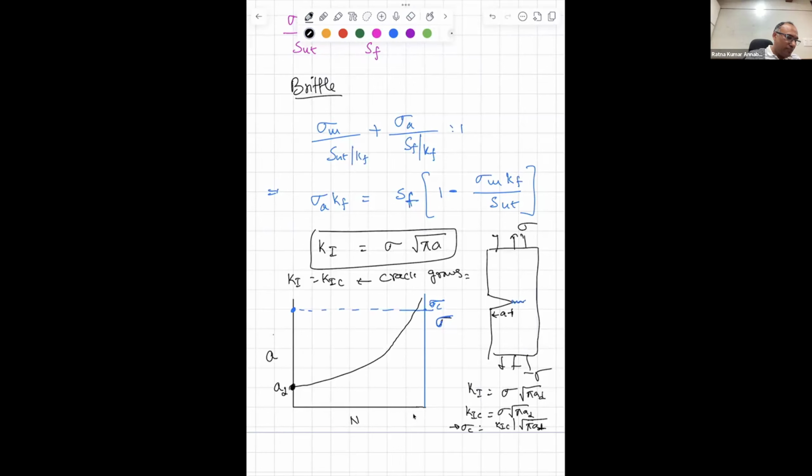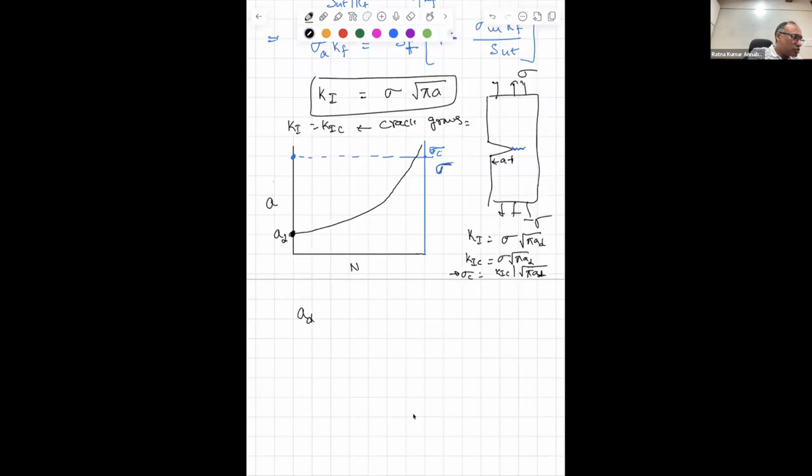So at this point, sigma C is my critical stress at which the failure happens. If aD goes to, say, this point, let us call that point a1.